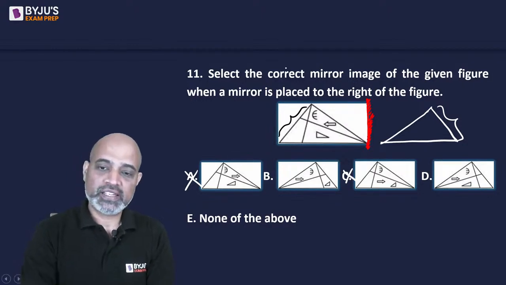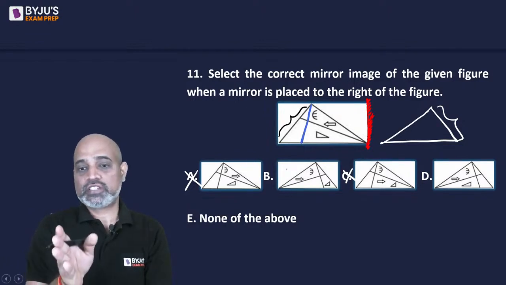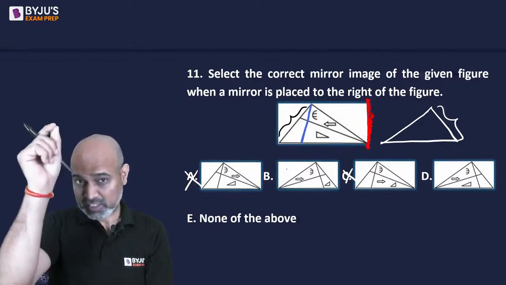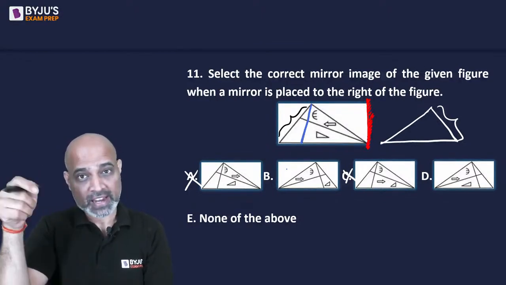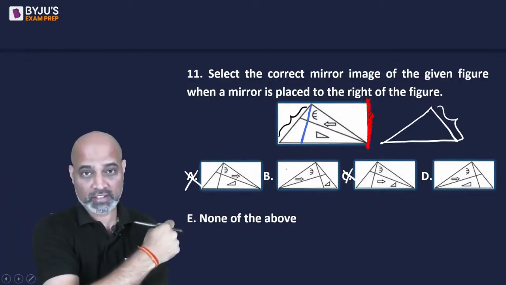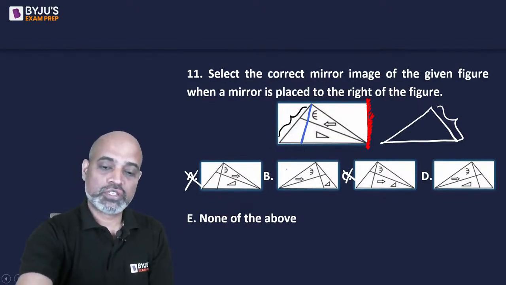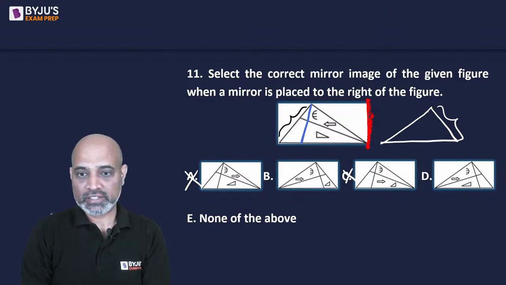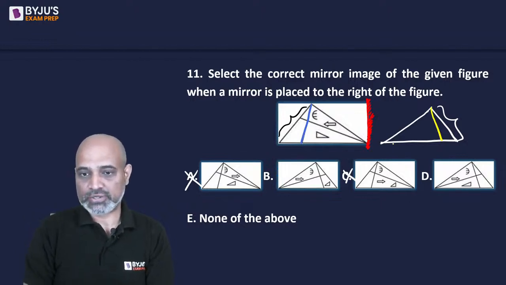The next one is you have this line here, which is inclined in such a way that its top is inclined towards the mirror and the bottom foot is away from the mirror, है ना? तो same shape अगर इधर बनाएंगे तो ये कुछ ऐसा बनना चाहिए. Now between B and D, this is true. Same third wala line भी ऐसा बनेगा.